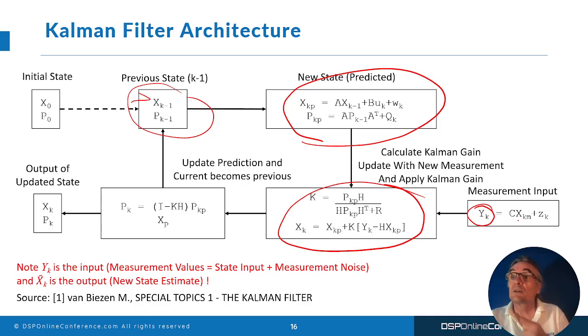From inputs C and X, we get our output Y. But our input to our Kalman filter is the variable Y, and our output is the updated state X. So just something to be careful of, is all I'm saying.